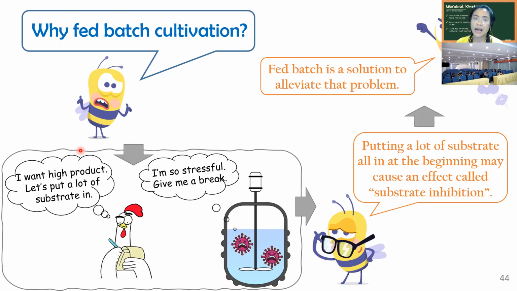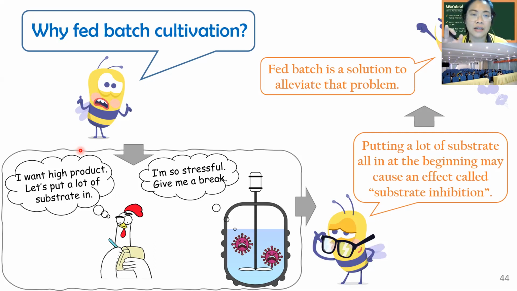Okay. If you want high product and you can't put high substrate in because you know that high substrate will cause a negative effect to your cells because of the stress, you can use fed batch. A commercial production that uses fed batch is the production of baker's yeast. Like when you want to make bread, you have to put yeast in, right?